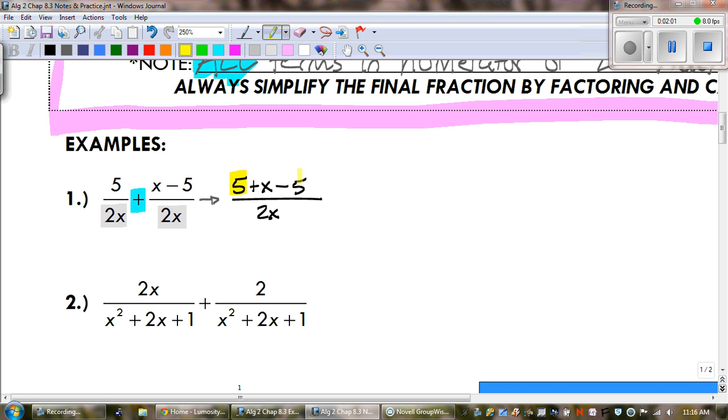Combining like terms, 5 minus 5, those cancel, and we're left with x over 2x. Does that simplify? It does. We can cancel out an x from the top and bottom. When everything cancels on the top, we're left with a 1, and there's still the 2 on the bottom. So our final answer is 1 over 2, or 1/2.